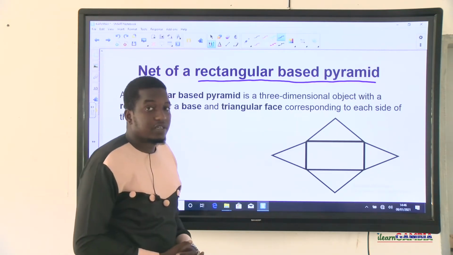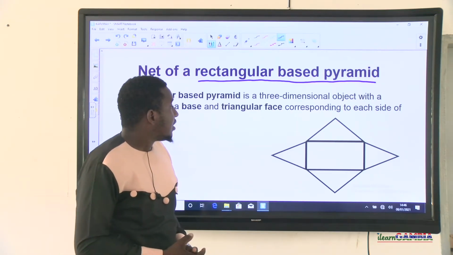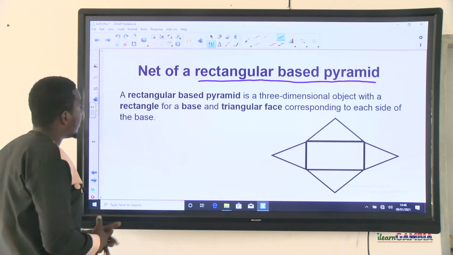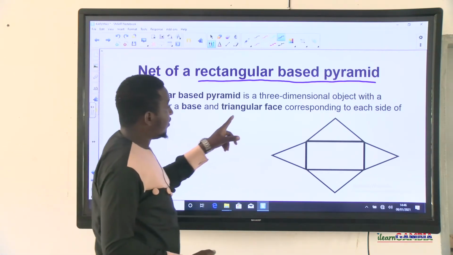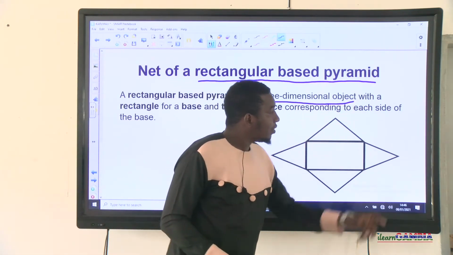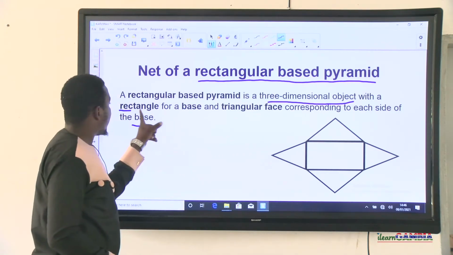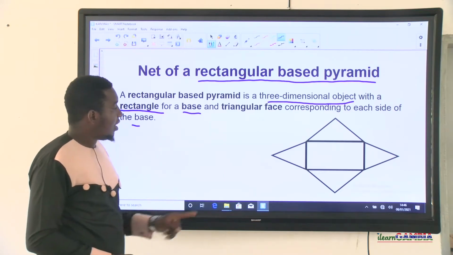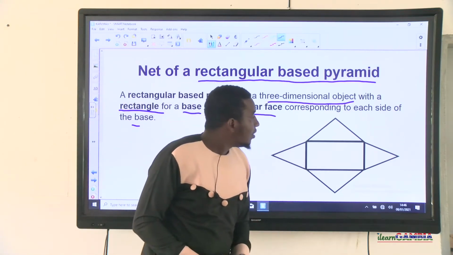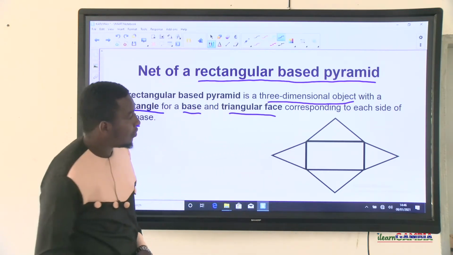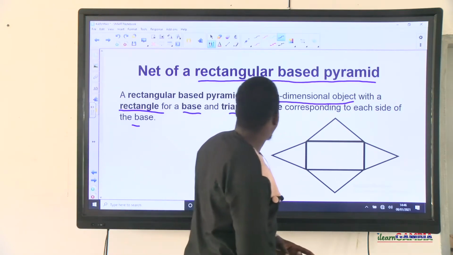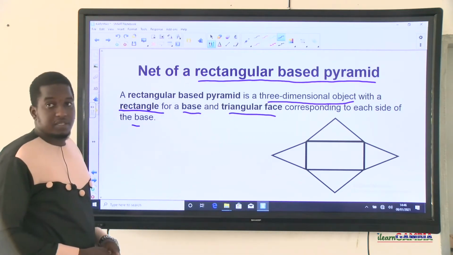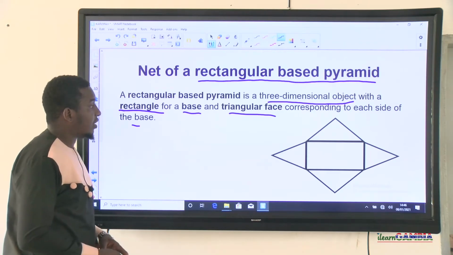A rectangular based pyramid is a 3-dimensional object with a rectangle for base and triangular faces corresponding to each side of the base.